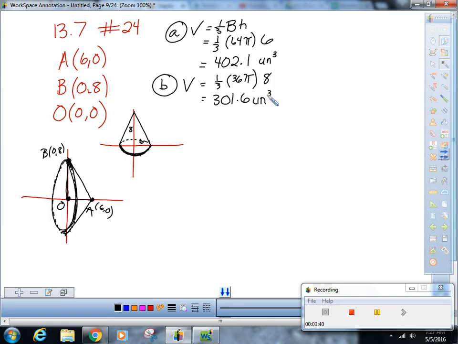Part C: find to the nearest tenth the volume and the total surface area of the solid formed by rotating around AB. Now this one's going to be tough. I'm going to have to get creative here. I'm not exactly sure what this is going to look like when we rotate it around the diagonal.